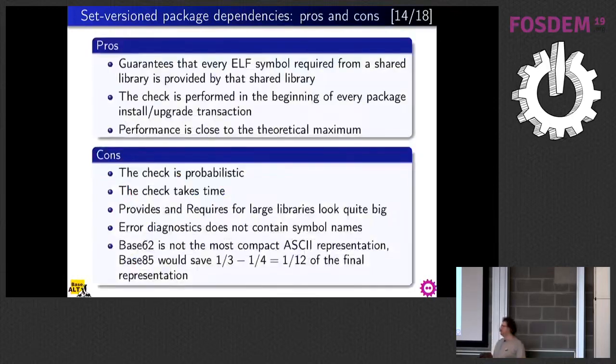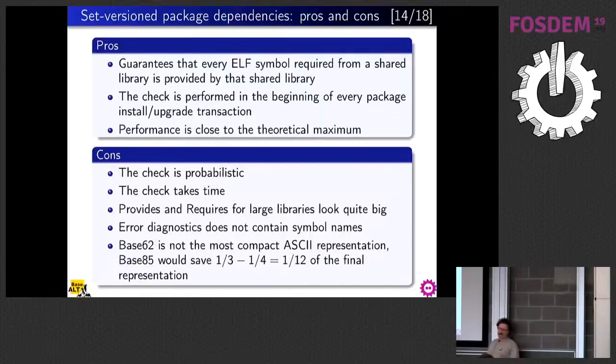Okay, so what are the pros and cons of this approach? I'm summarizing. You get the guarantee that every symbol required from a shared library is provided, and the check is performed not at runtime but during package resolving time, so at the beginning of the transaction, and performance is quite good.